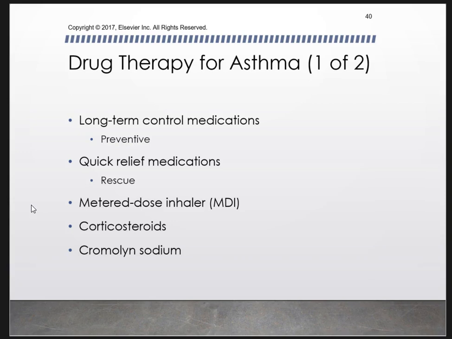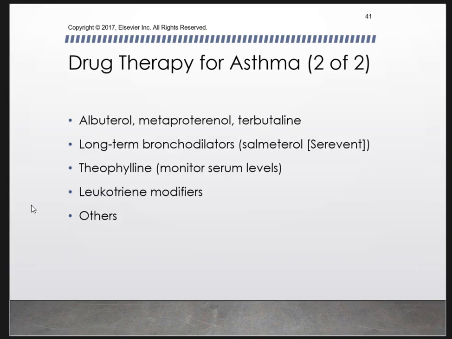Your cromolins are going to be used in maintenance therapy for your kiddos that are older than 2. It's got this stabilizing component for your mast cell membranes, which essentially helps to reduce the amount of acute airway narrowing. Not all kids who have asthma will be on that one. Again, here's some other ones.